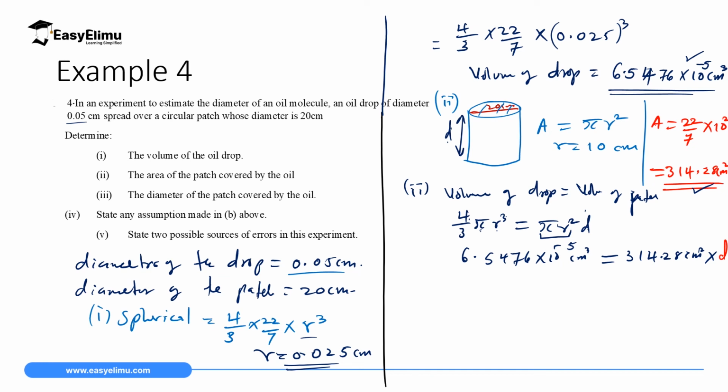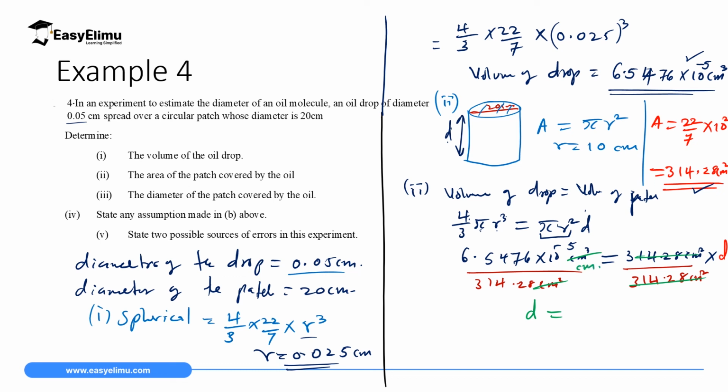So for us to get D, you divide by 314.28 square centimeter on both sides. And then on the left hand side, this one will go. We will remain with D is equal to, and here centimeter square going with 1 centimeter, we will remain with centimeter.